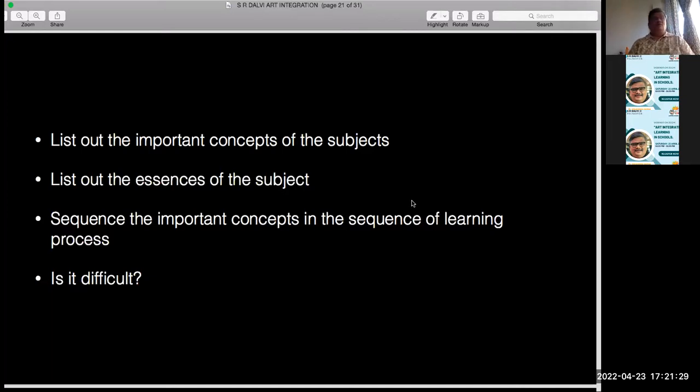For example, when we talk about visual art, we say first is mark making, then second is line, then third is shape, then fourth is identity. There is a sequential growth. So like that, it must be even for mathematics, sciences, and languages. So I want you to do this exercise. This will teach us a lot.